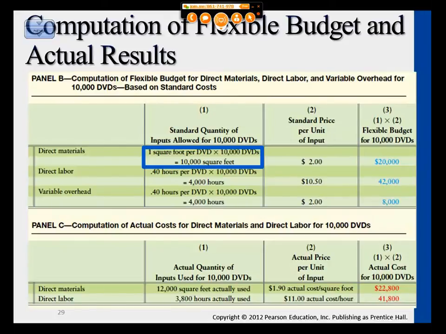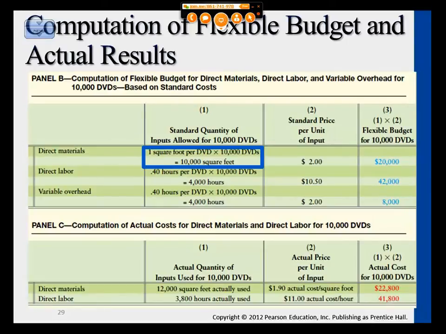We know the volume is 10,000 DVDs, and so we're given some information to compute the direct materials. We know that 1 square foot per DVD is your input, and you have 10,000 DVDs as a quantity, so you get your standard quantity of 10,000 square feet. The same way you're given your direct labor as hours per DVD and the volume of DVDs, so you compute your direct labor and variable overhead.